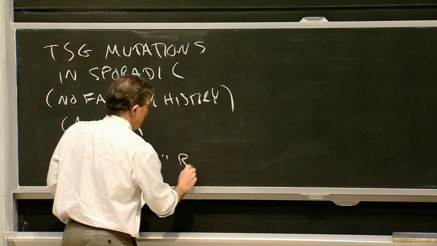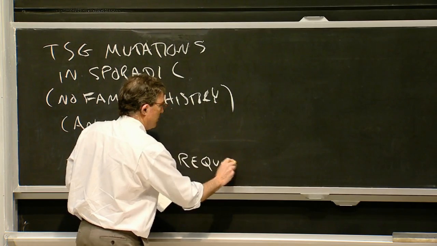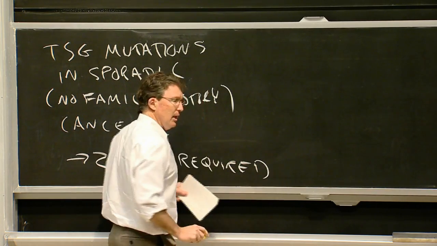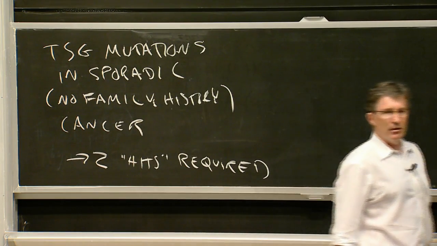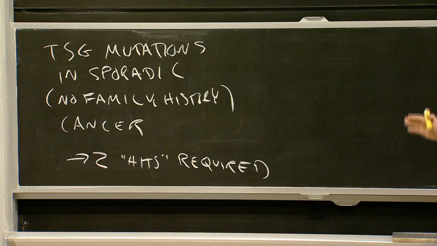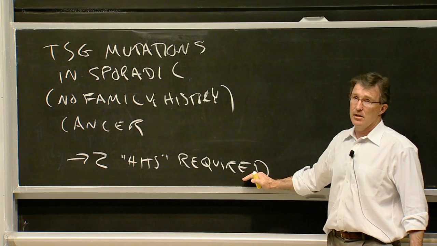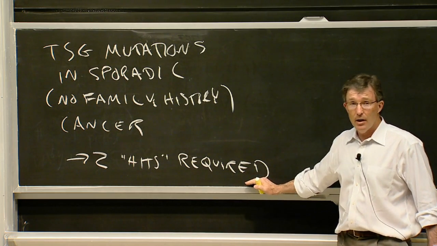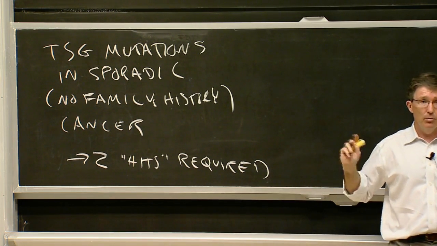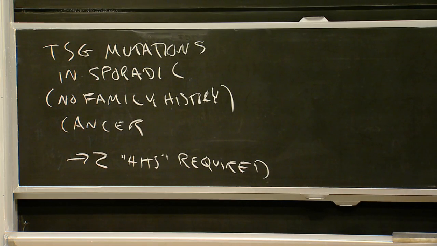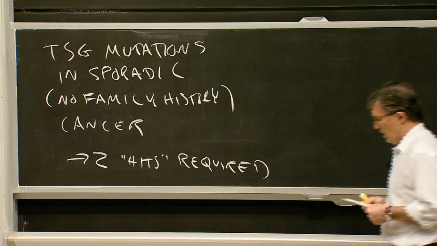And I describe these as hits, and we typically do describe them as hits in the context of tumor suppressor gene inactivation. Sometimes it's mutations. Sometimes it's mutations coupled with chromosome loss as the second hit. But regardless, two mutations are necessary to get rid of both copies of the tumor suppressor gene.